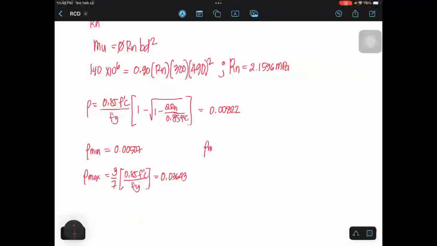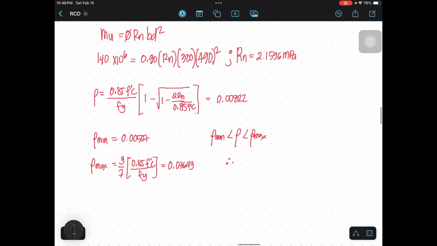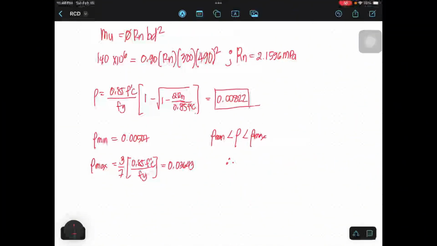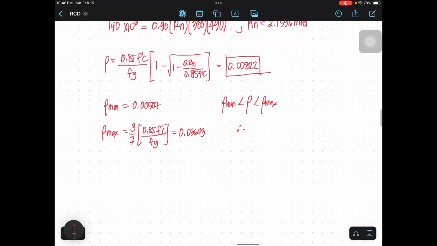So, rho min is less than rho and this rho is less than rho max. Therefore, it is indeed tension controlled. At the same time, yung gagamitin natin na steel reinforcement ratio is 0.00822.